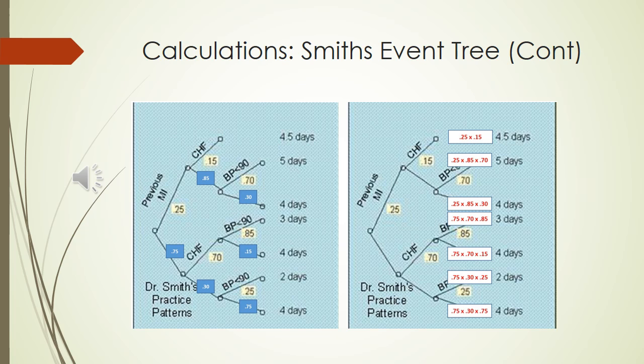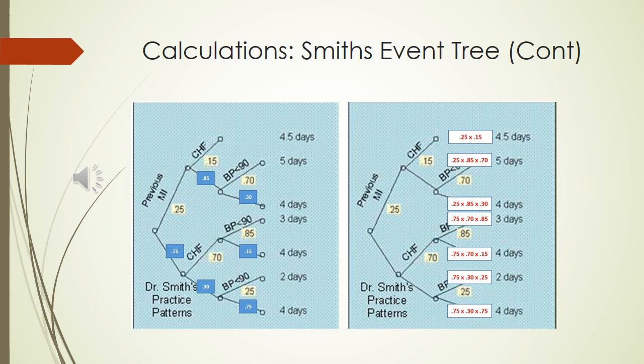Now, using these probabilities that we calculated per branch, we want to calculate the total probability per branch segment. We'll take the main branch and multiply it through each segment to get the total probability. Looking at the previous MI branch and going down all the way to CHF, we multiply those two probabilities: 0.25 times 0.15, and we get the total probability for that branch.